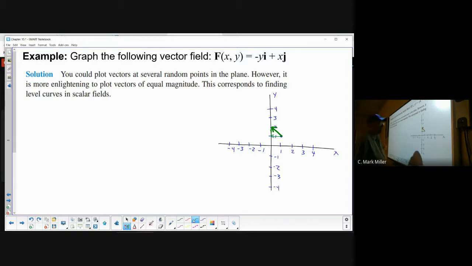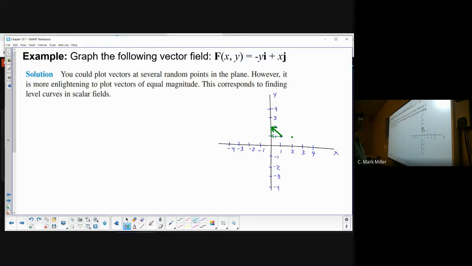All right. Now let's move over 1 to here. How's that vector going to change? The y is the same.